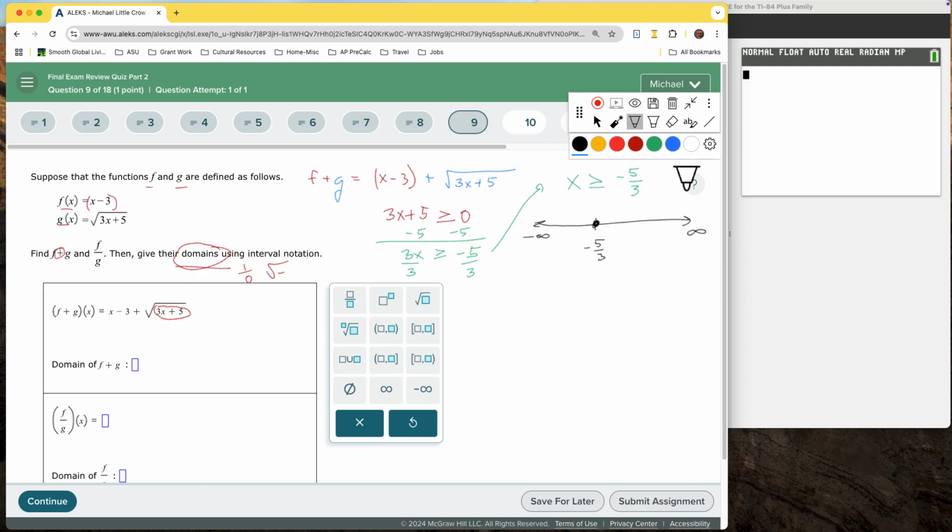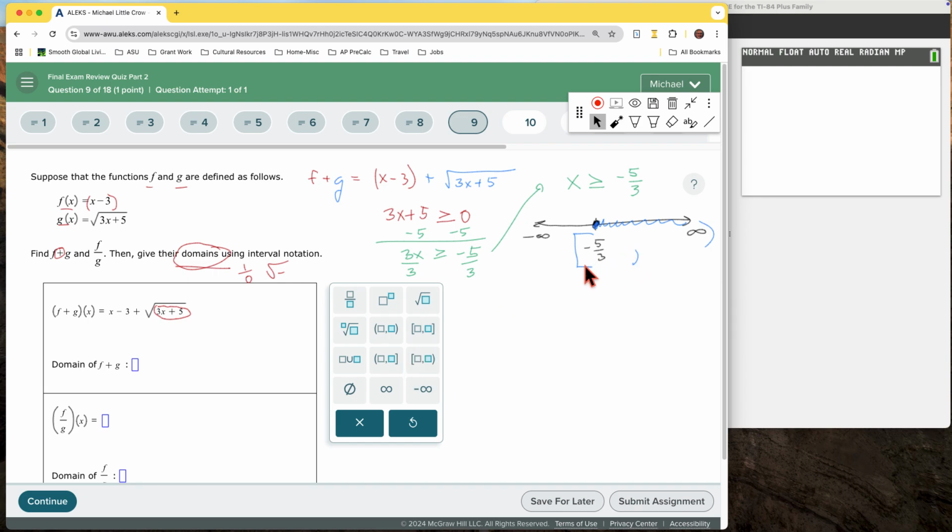And then let's do it this way in blue, we're going to go to the right. X is bigger than the boundary, so it's to the right. And so with the closed point at negative 5/3, we get a bracket, comma, infinity. So notice the interval notation is just naturally lined up from the number line.